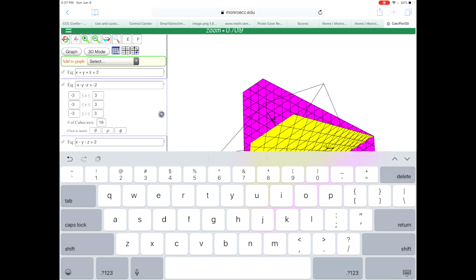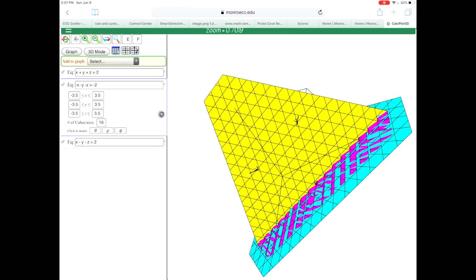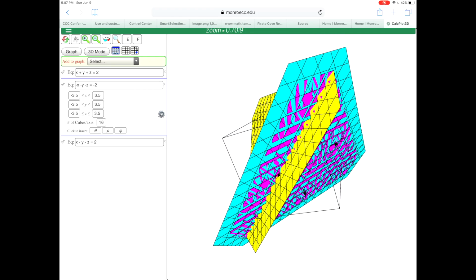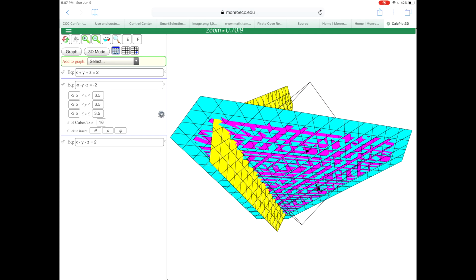Let's see what happens if I do 3.5. What I'm trying to do is give you a sense of that. There we go. Perfect. Wanted to give you a sense of that planar intersection, how it's the same plane and you've got this other one cutting through it. So basically they all 3 intersect at the same line, but 2 of them are coplanar. Cool? All right.